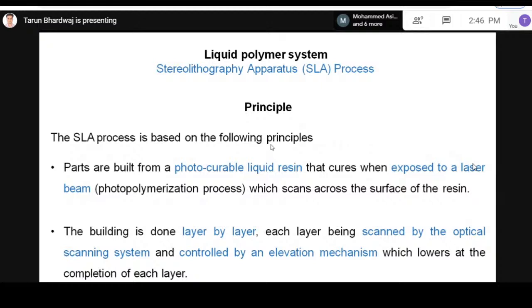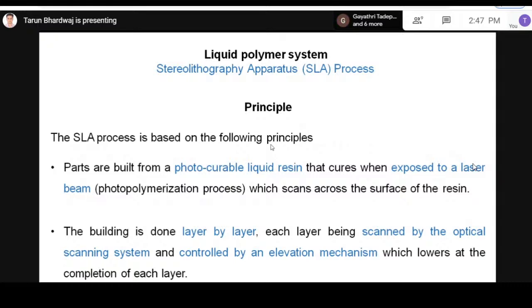The principle is this: the parts are built from a photocurable liquid resin. We cure it by exposing it to a laser beam which scans across the surface of the resin, and when we cure it, it solidifies. We solidify it layer by layer and build it in the z direction.